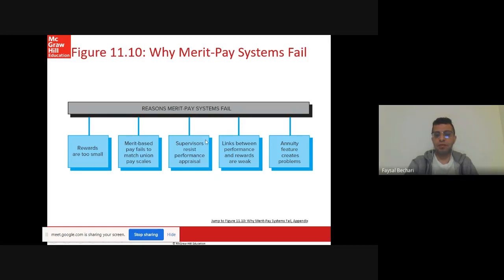The supervisor resists the performance appraisal, so he doesn't appraise the people on time, and they get paid better or lower. The link between performance and reward is very weak. Some people notice that although they don't produce a lot, they get paid better and faster, and that might cause people to be unhappy. And the annuity features create some problems, with people getting paid higher although they're not putting in so much effort.